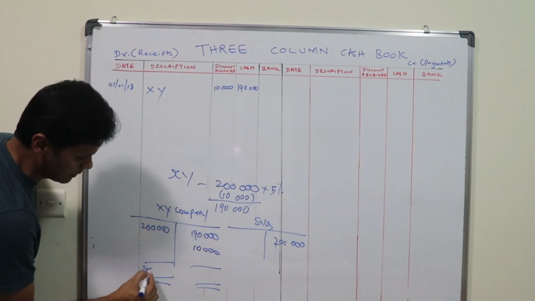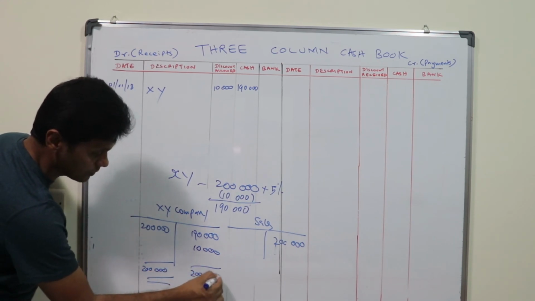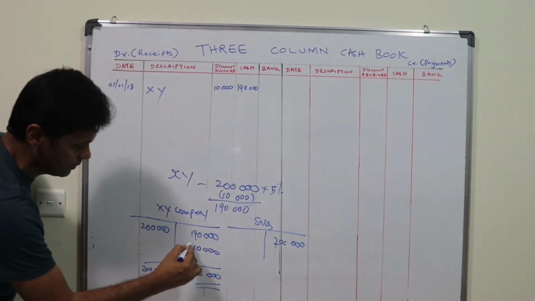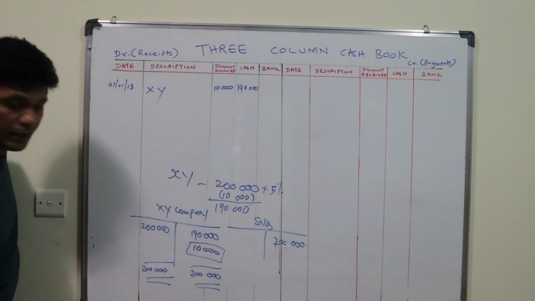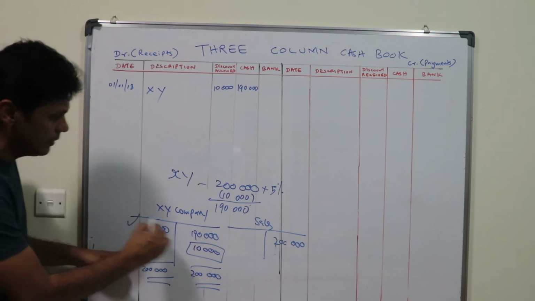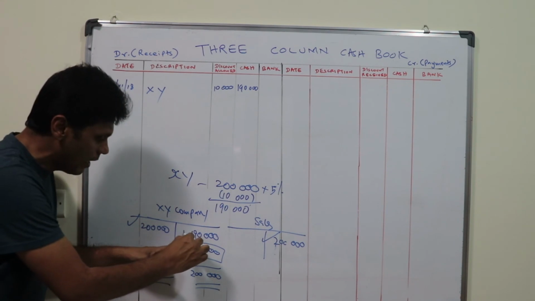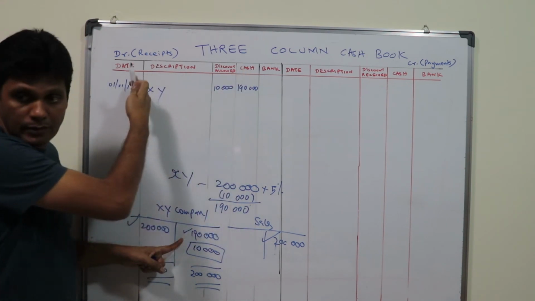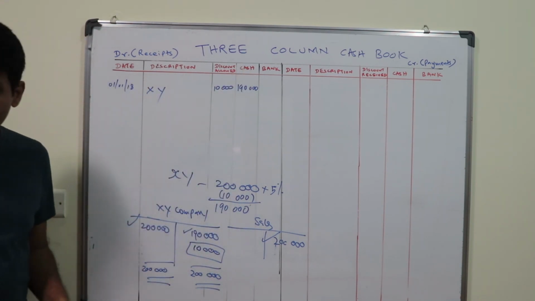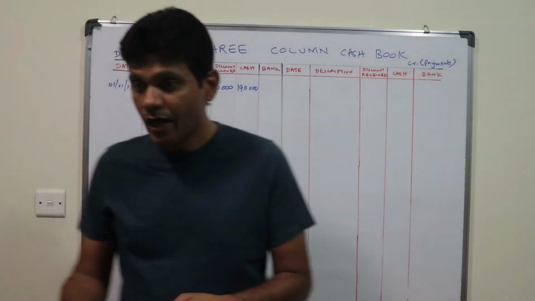So these things we discuss extensively. For this 200,000 we have debit, we have credit. For this 190,000 we have credit, we have debit, the cash book. But this 10,000 goes to the discount allowed account.